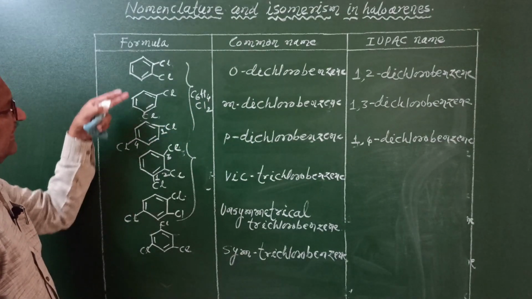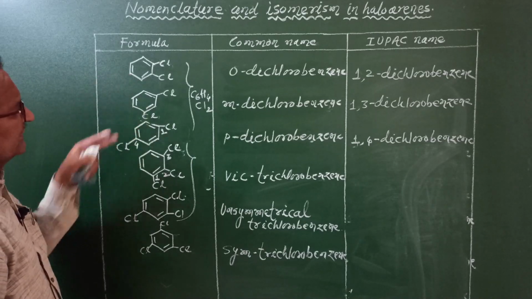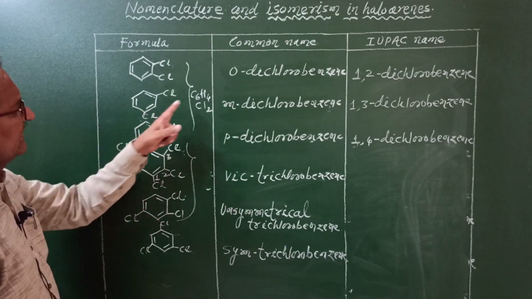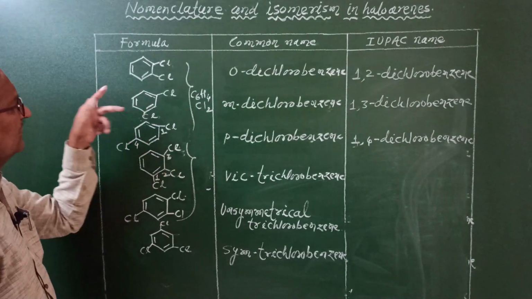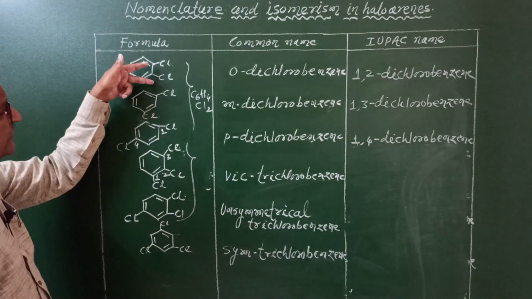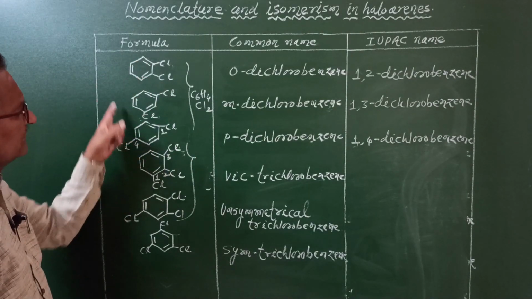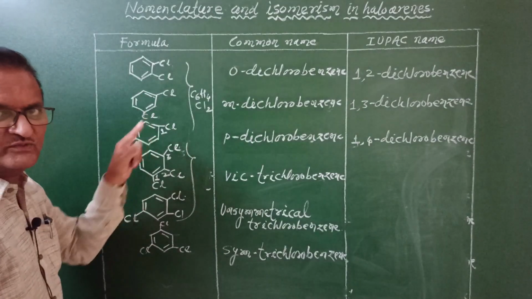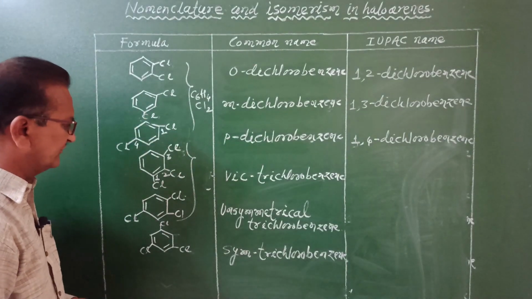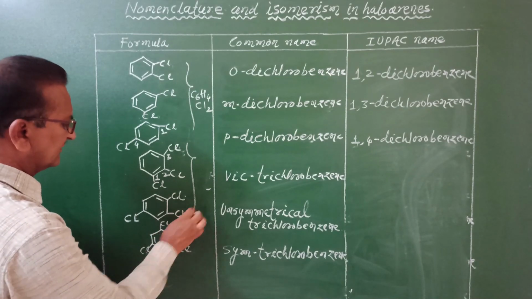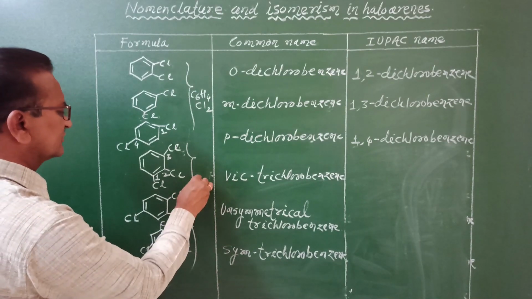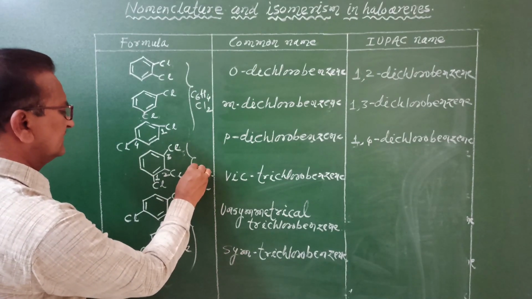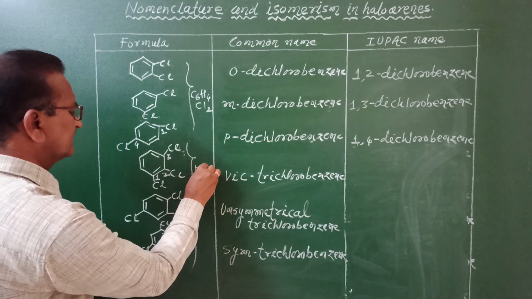That's why they are called position isomers of each other, since they have the same molecular formula but differ in the positions of chlorine atoms on the benzene ring. And these three are also position isomers.